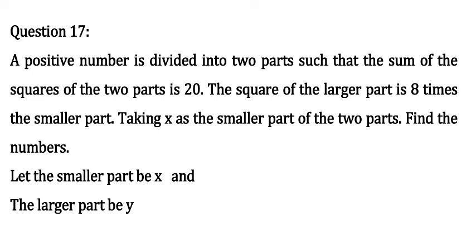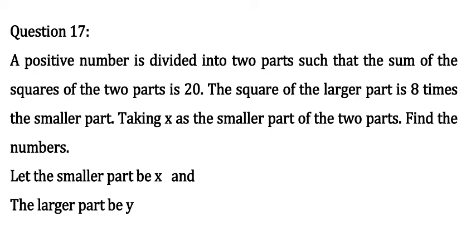Here we have a number. So that number is divided into 2 parts. One part is the smaller one, the other one is larger. As it is clearly given in the question that we need to consider the smaller part as x, we have to proceed in the same way.